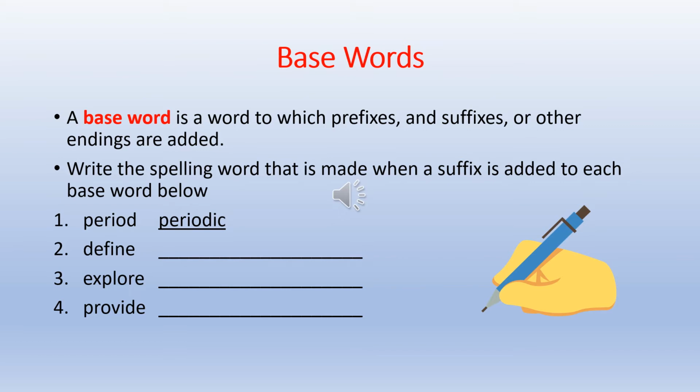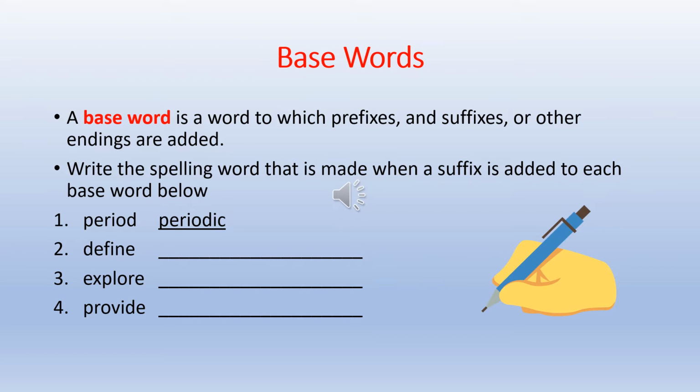Okay, let's do exercise number 2. Define. Define is a base word, and we are going to add a suffix. What is the suffix that we are going to add? It's going to be T-I-O-N. And the new word that we are going to create is going to be definition.